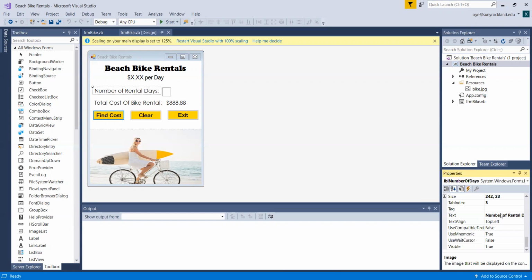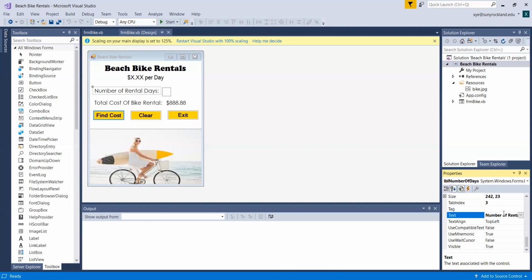So last time we learned that if we want to do the calculation, the text properties are string type. As you can see here, we display number of rental days. How many letters do we have? We have a bunch of letters, right? So that is a string type.